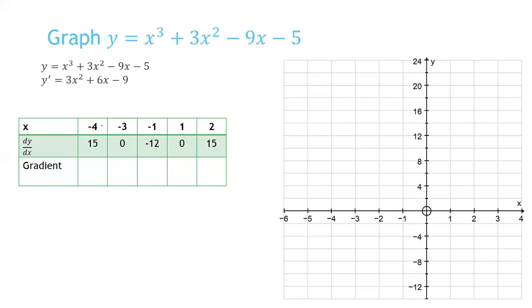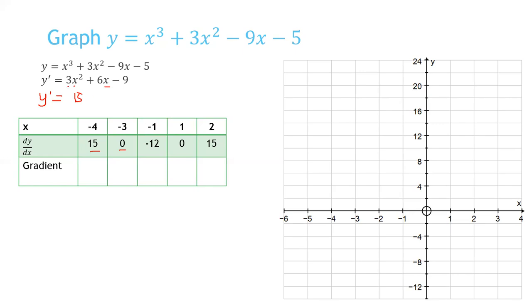If you substitute negative 4 into this x, you could find this number, dy/dx, the first derivative, equals 15. So therefore 15 here. If you substitute negative 3 into these equations, the first derivative would become 0. Okay.